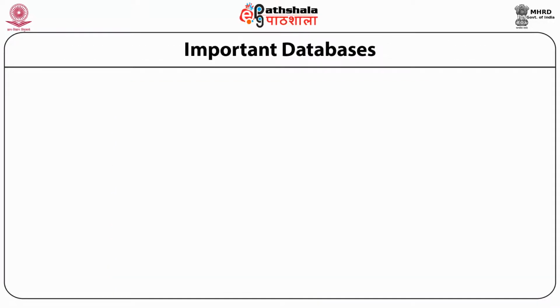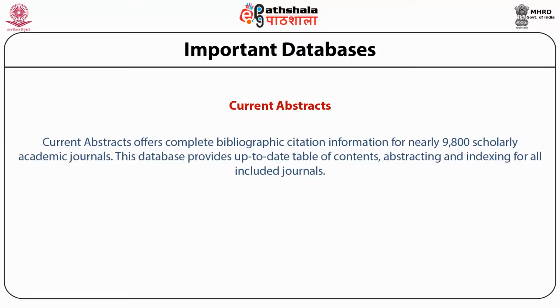Important databases. Some important databases in the form of abstracts are as follows. Current Abstracts offers complete bibliographic citation information for nearly 9,800 scholarly academic journals.